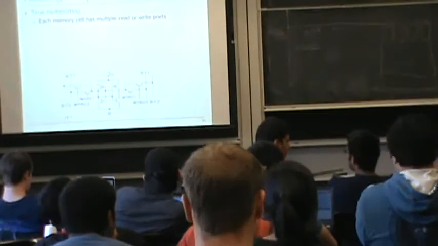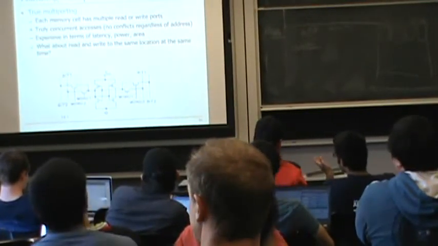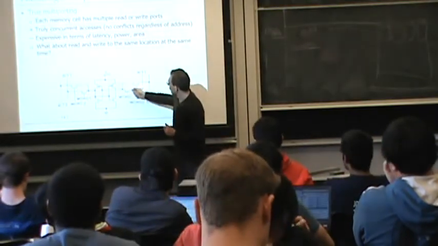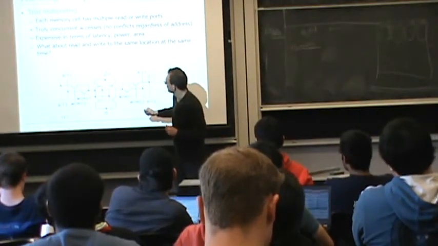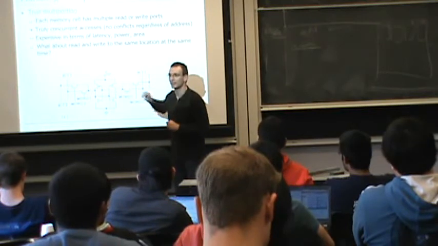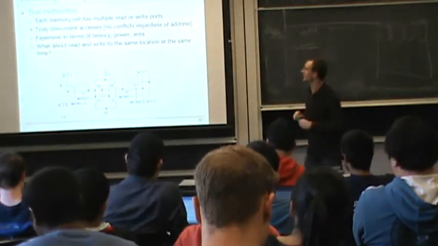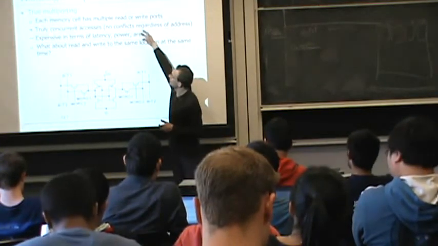So that's what the cell would look like for an SRAM cell. You now have two ports. You can read the cell concurrently at the same time through those two ports. That's the ideal multi-port. The advantage is truly concurrent accesses.